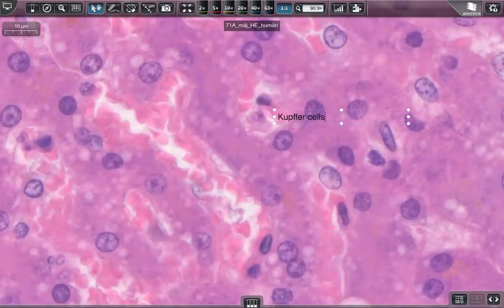Kupffer cells are macrophages, hepatic macrophages, and they are able to eliminate the old and degenerated red blood cells. So that's the reason, the presence of the Kupffer cells is the reason why the liver is able to take the function of the spleen over.